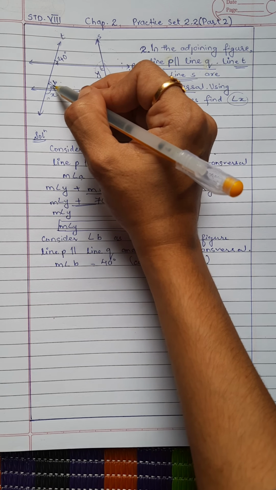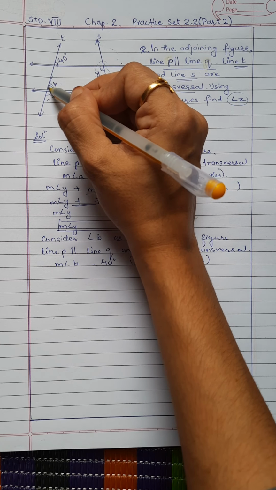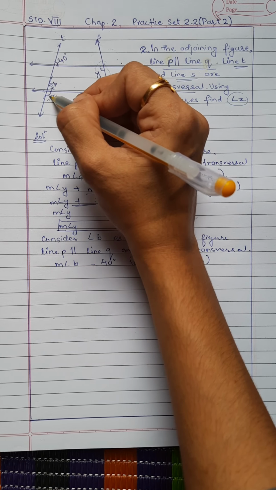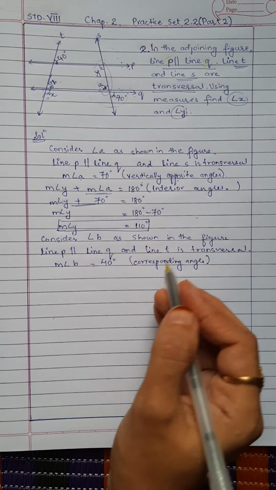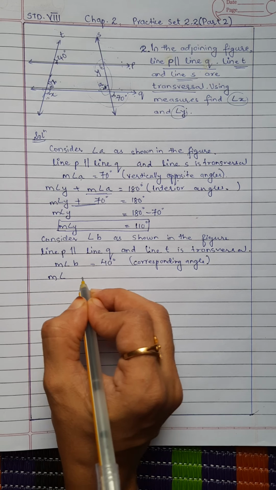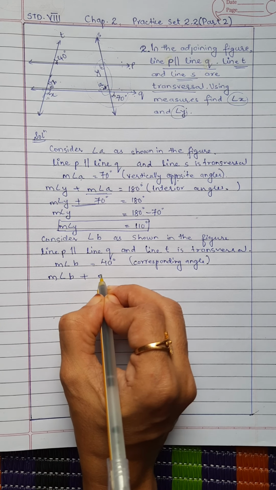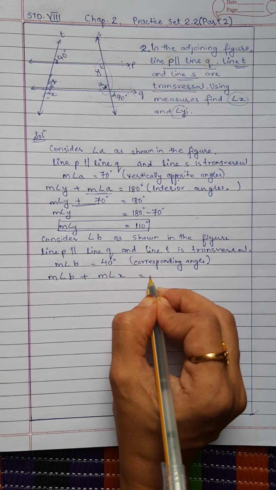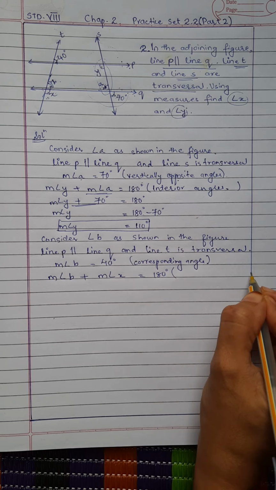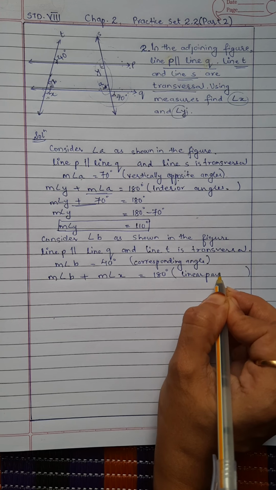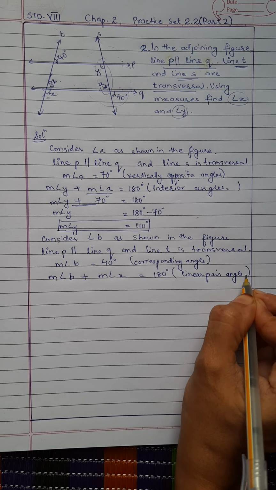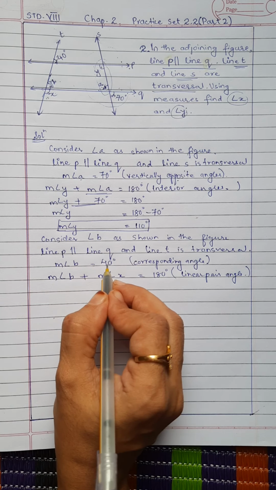Now if you got it as 40 degree, these two are linear pair angles. The property of linear pair angles says that the sum of them is 180 degree. So write the same: measure of angle B plus measure of angle X is equal to 180 degree, linear pair angles. You have measure of angle B, that is 40.